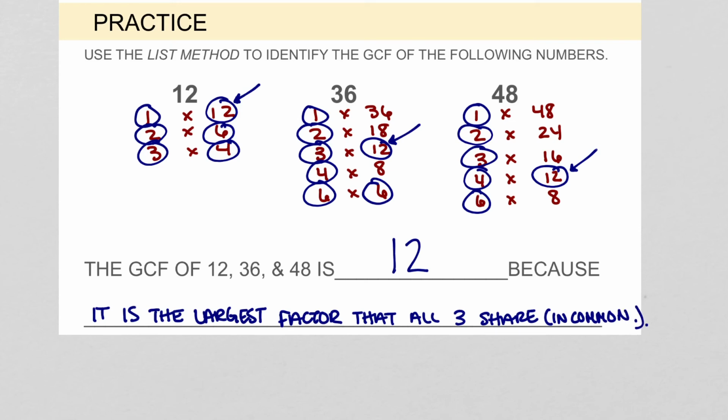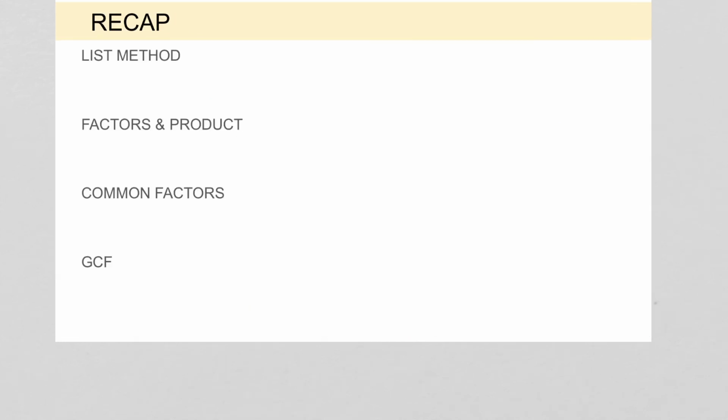All right, so it looks like to me you guys have enough information to get started on your activities. We're finding the greatest common factor. You can use the list method. Let's see, let's wrap it up. The list method, what does the list method help us do?